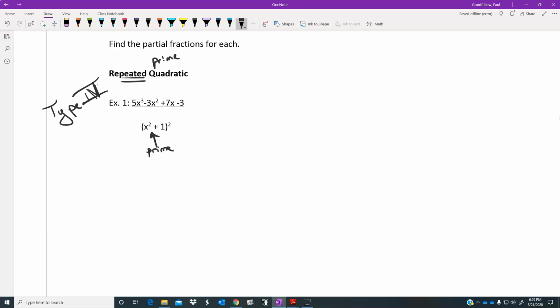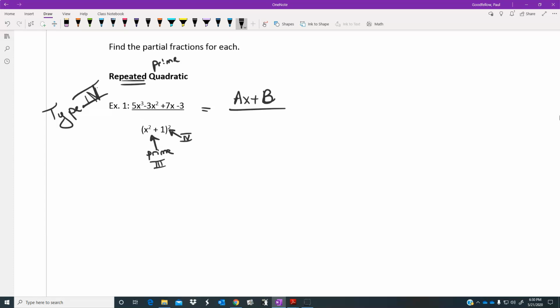So we're definitely thinking that it's a type 3, but the moment that it's got the square on it, it becomes a type 4. And it works in the same regard as what you would have done in a type 2, except that we're dealing with a type 3 repeater, and that would end up being ax plus b over x squared plus 1, raised to the first power, and then cx plus d over the x squared plus 1 quantity squared.